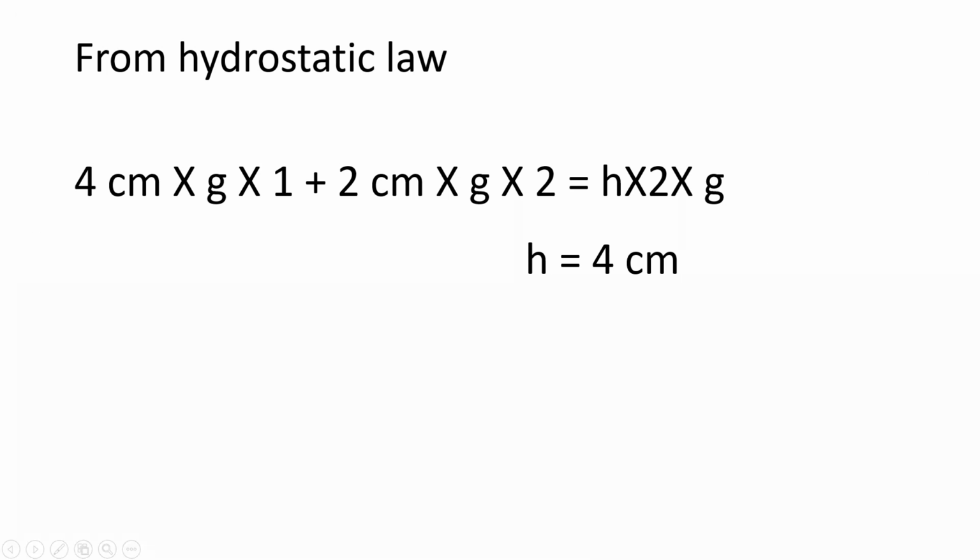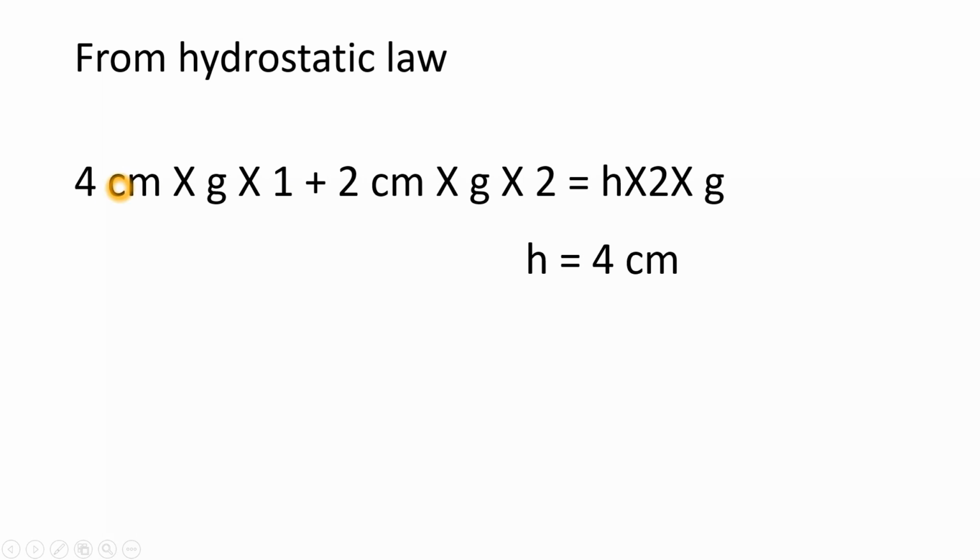Here is the height of fluid A into g into 1. I'm multiplying by the specific gravity only, since you could convert it into density, but it all cancels out, so we can put the specific gravity only. I'm putting it in centimeters since we need to answer in centimeters.